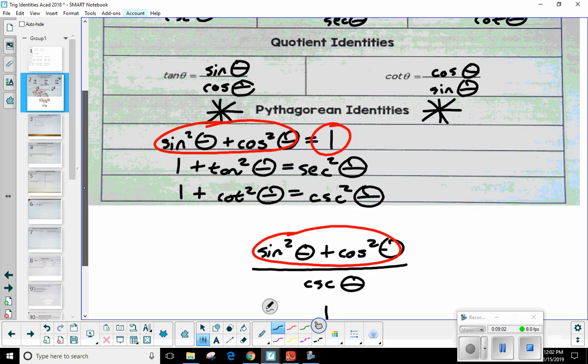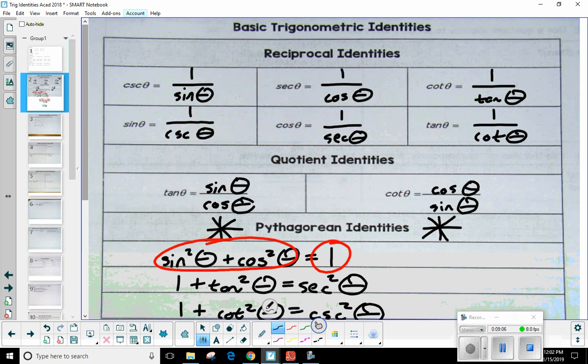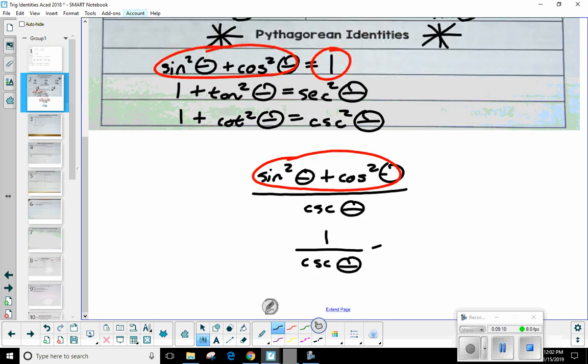It's the reciprocal identity: 1 over cosecant is sine. So that whole expression simplifies down to sine of theta. That's what you're doing. You want to be able to recognize the identities. What can I substitute? What can I use that can help me simplify these expressions? That's what this whole lesson is about.